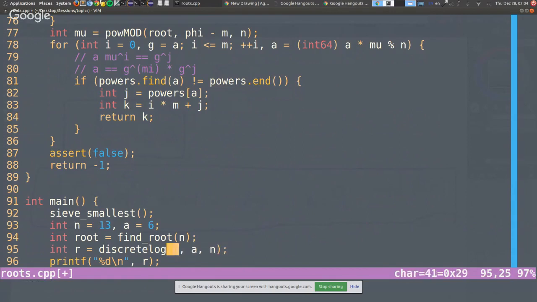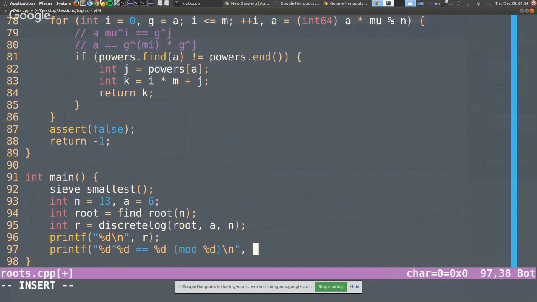You actually need the root just to print it nicely. Here's the root to the power of k, as I defined in the slides.